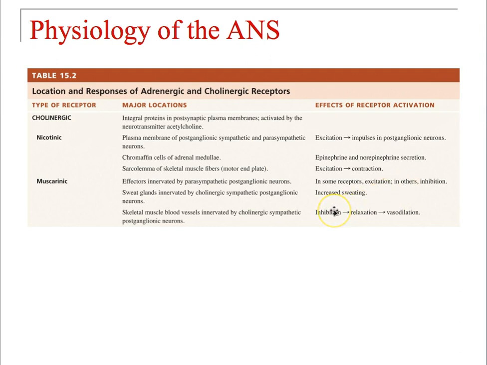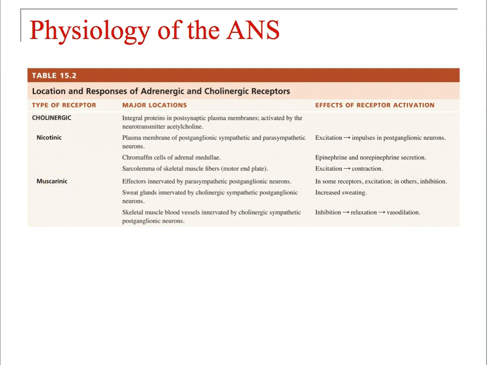So what Mother Nature is doing here, take a look at the examples. Let's use one here, that sweat gland. Sweat glands that are innervated by cholinergic sympathetic postganglionic neurons, that middle structure I showed you a couple moments ago, will increase sweating if the muscarinic receptor is activated by acetylcholine.